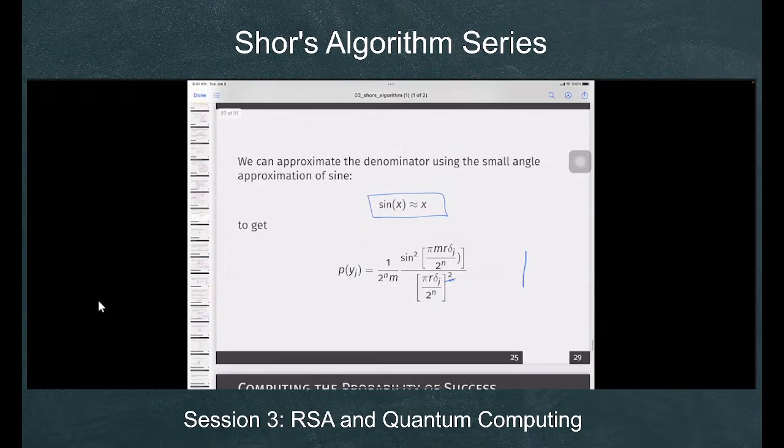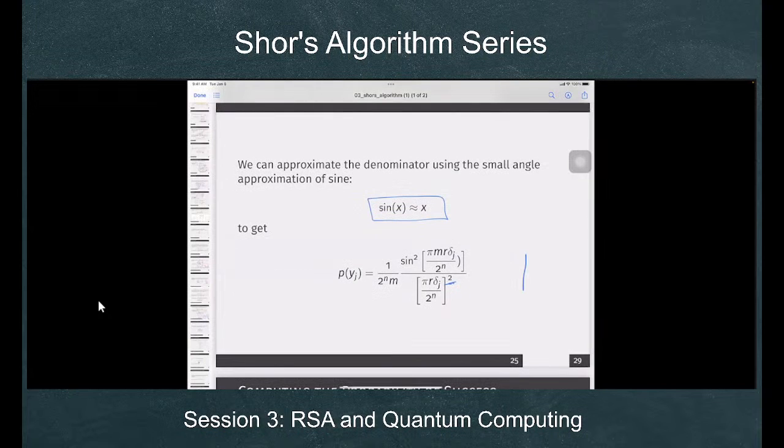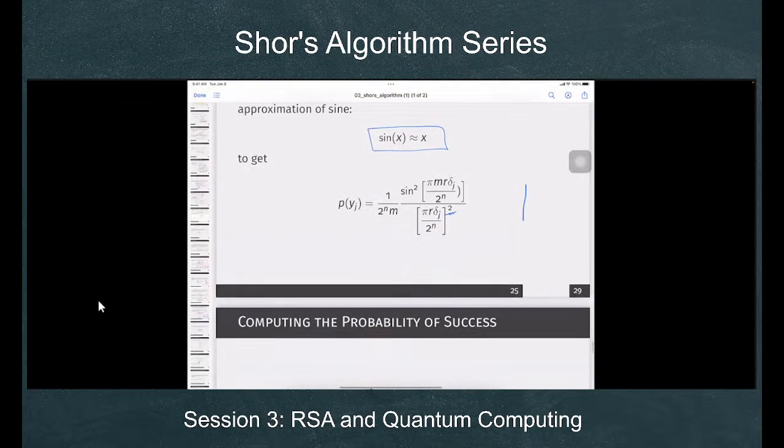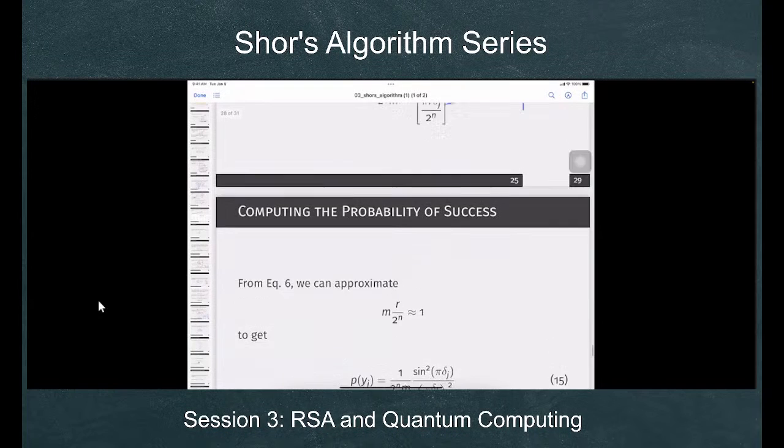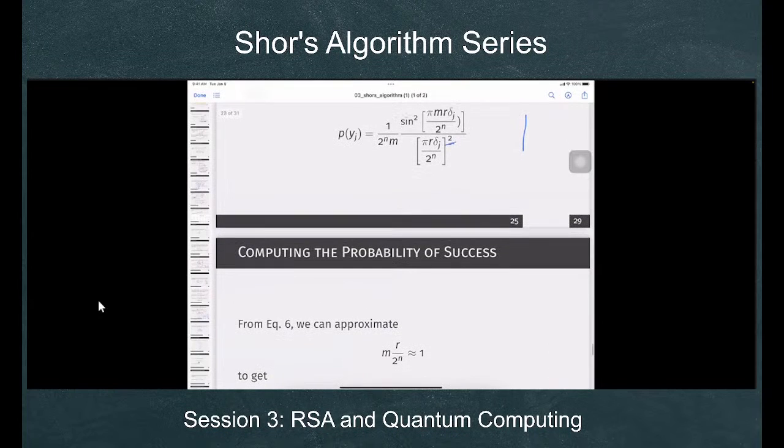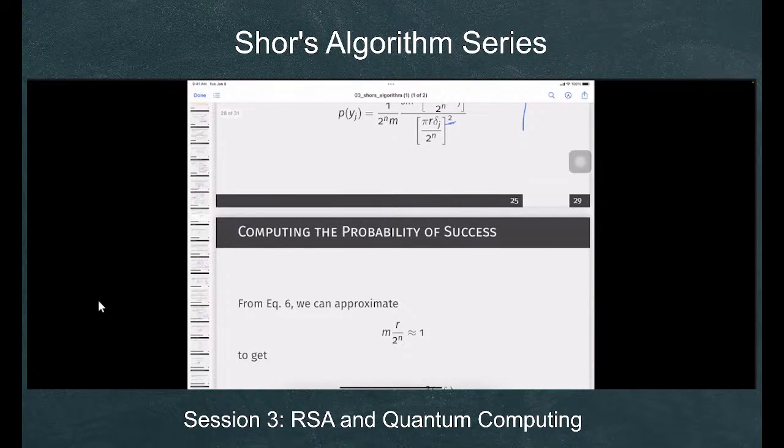Now, what happens to the numerator? Since 2 to the n is a very big number, and r is, well, we can actually approximate this one here.